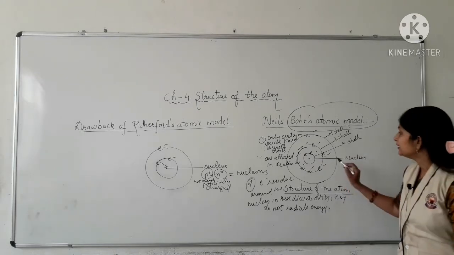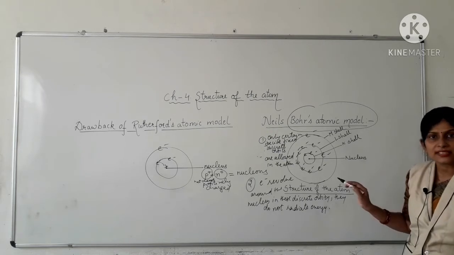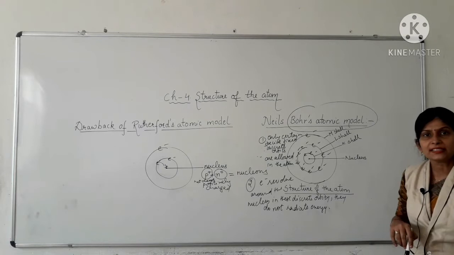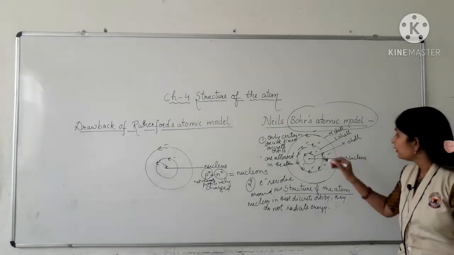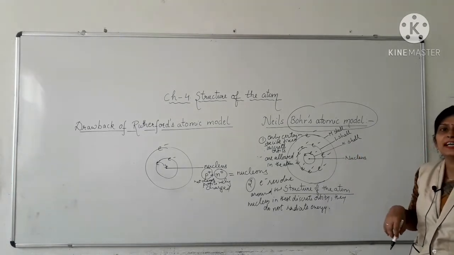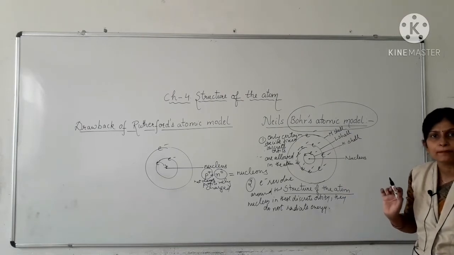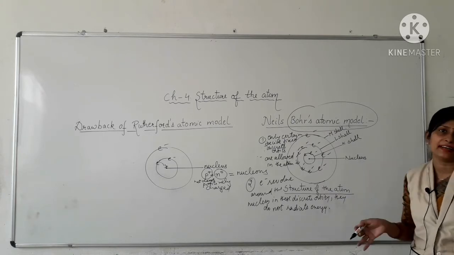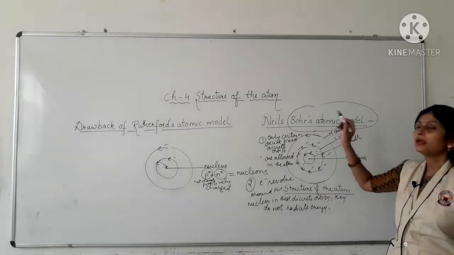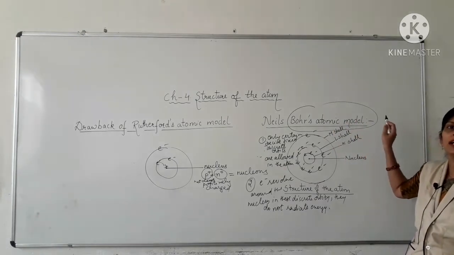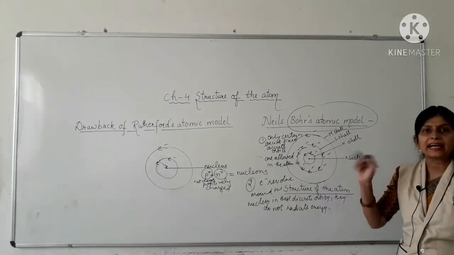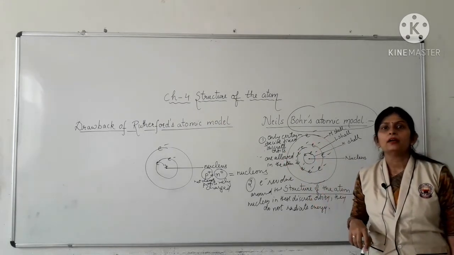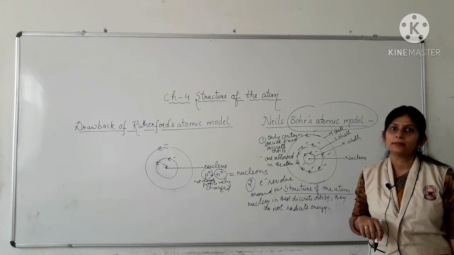It means their energy remains constant, so they do not fall into the nucleus. They revolve around the nucleus in their discrete orbits continuously. In this way, the atom is stable, which is the reality. So in this way, Bohr's atomic model rectified the drawback of Rutherford's atomic model.